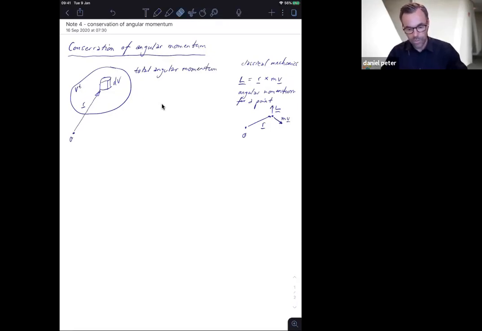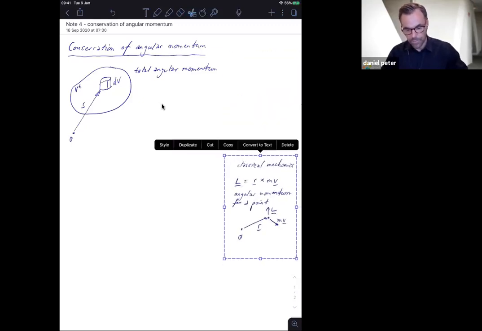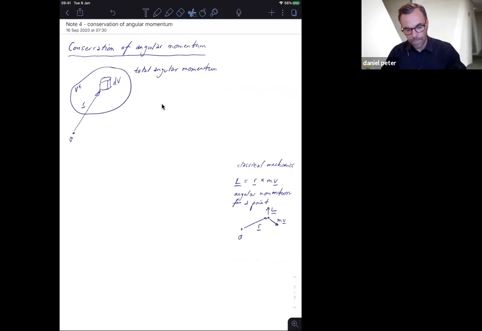Now let me move away this little note on the side. Which now becomes the volume integral of the density rho times this cross product of r and v.